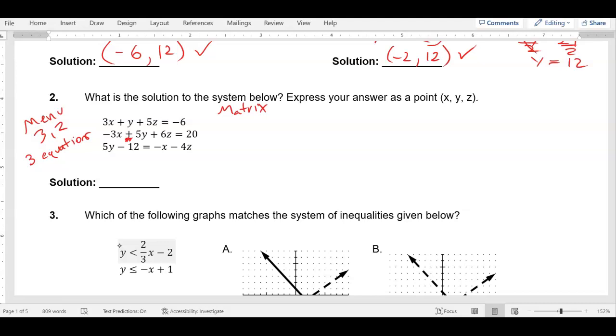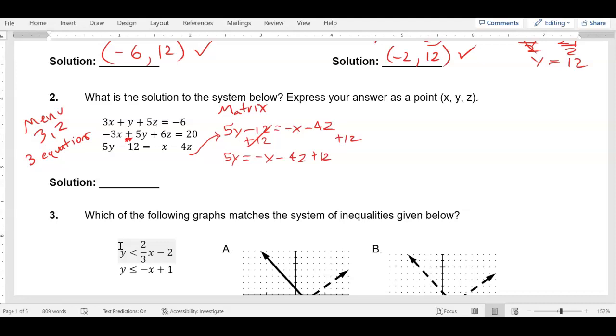So I'm gonna take this right here. I need to solve this thing correctly. I need to move the constant, the minus 12, to the right side by doing the opposite. So plus 12, plus 12. So I have 5y equals negative x minus 4z plus 12. Those do not combine.